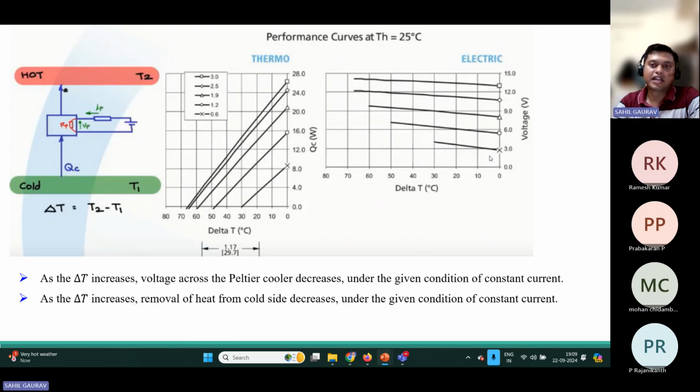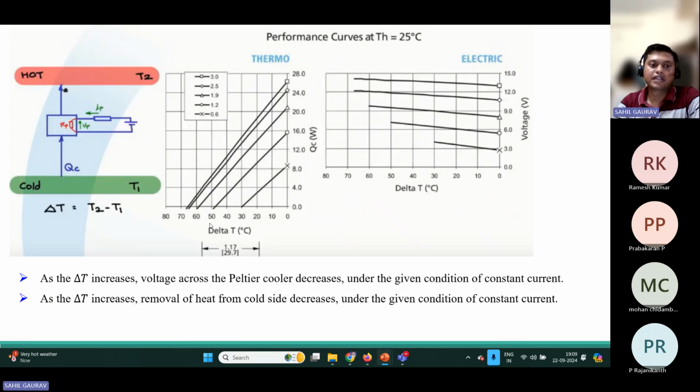So if you see, as delta T increases, the voltage across the Peltier cooler also decreases under the given condition of constant current. These lines denote different current values.